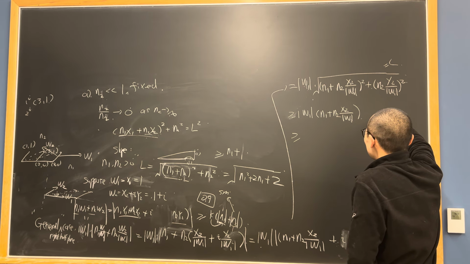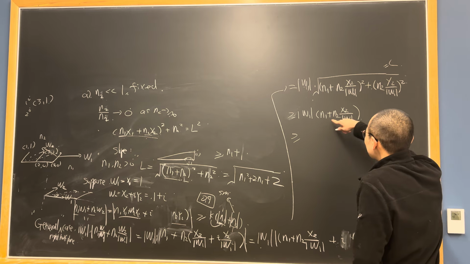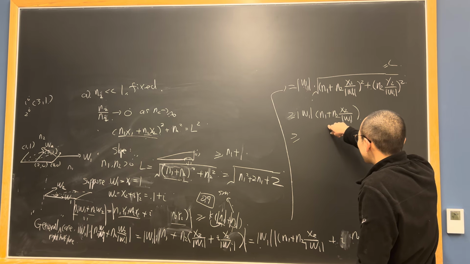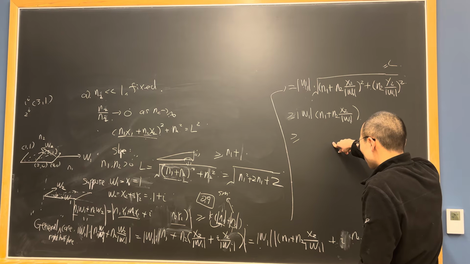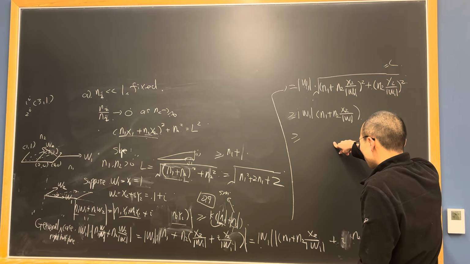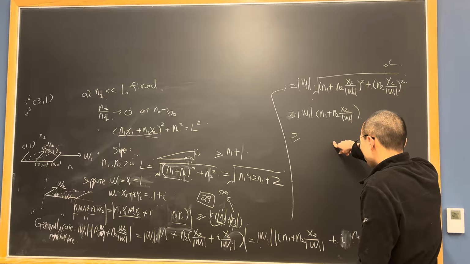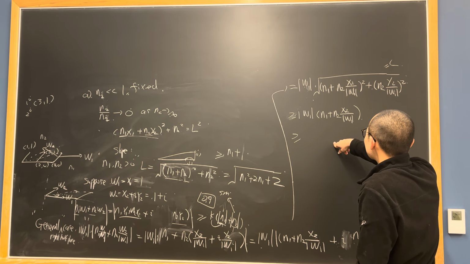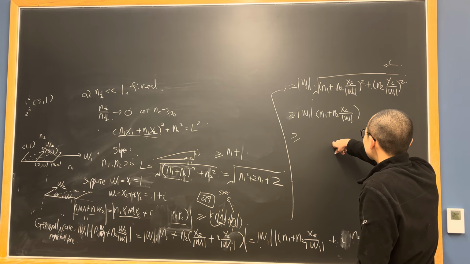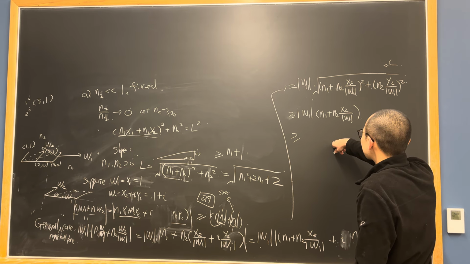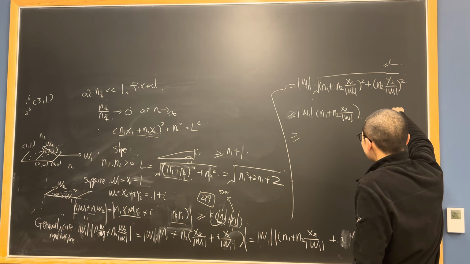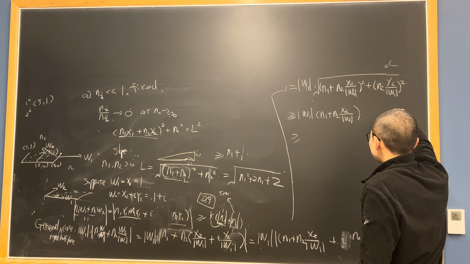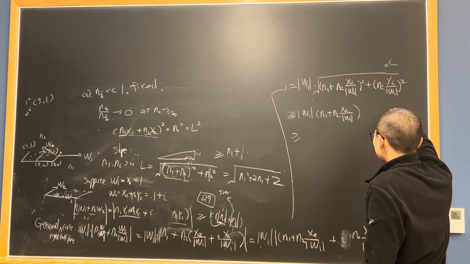And because you are multiplying, so this is positive, so you are multiplying it by a smaller number, so it's still a smaller number, right? Okay. So therefore, what you get is a small number. If you have a number, right?